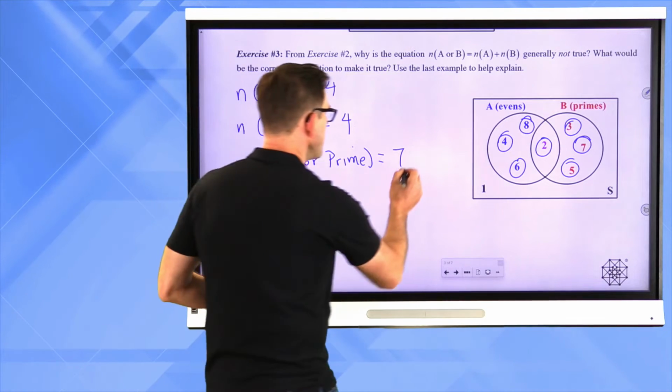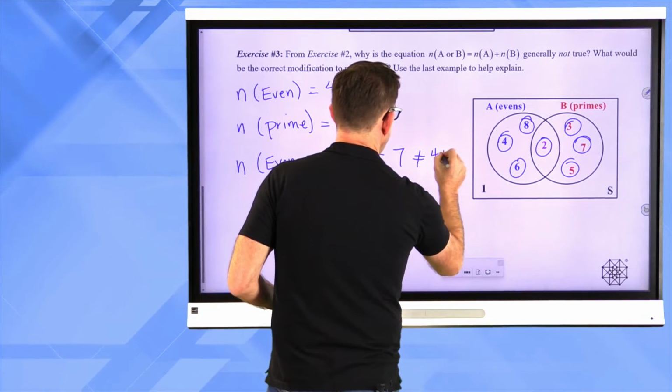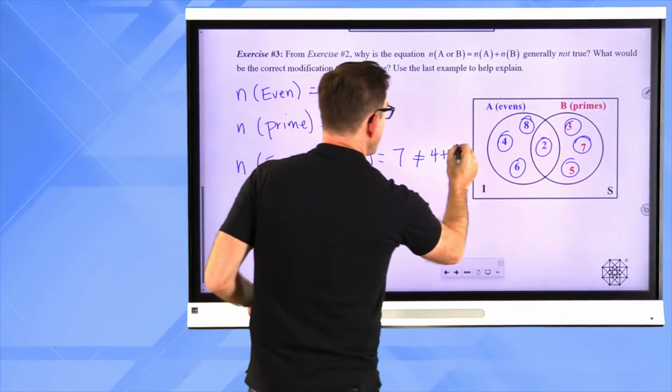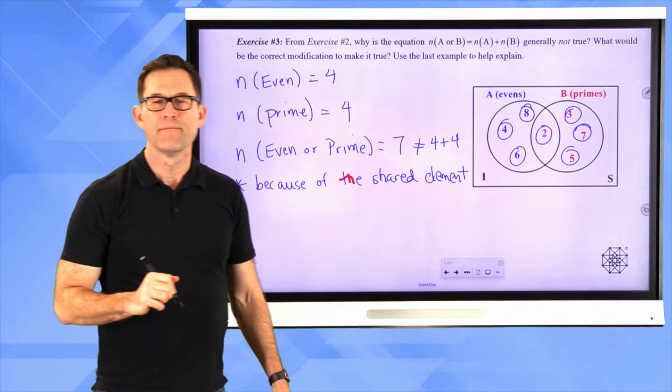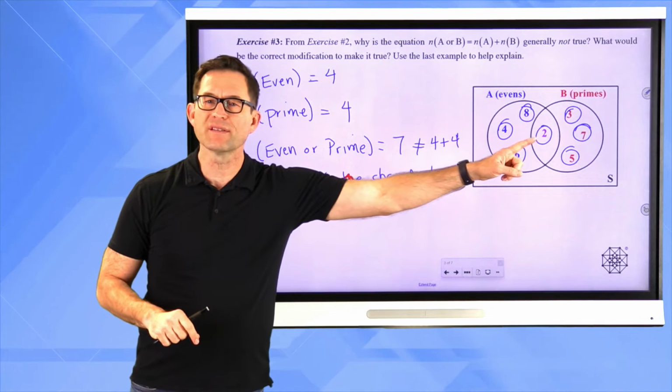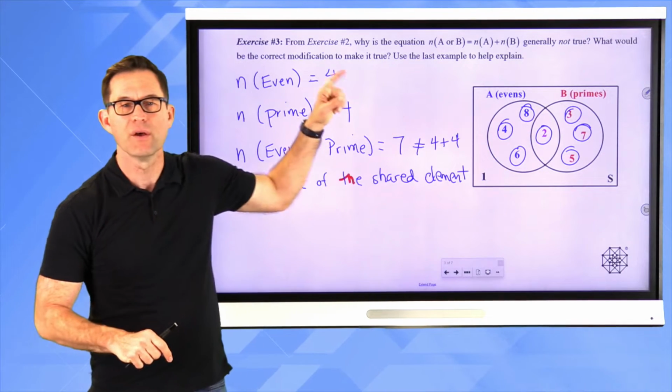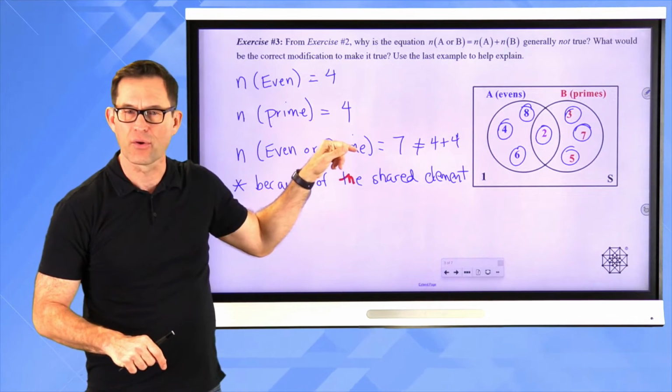And this, just to be very clear, doesn't equal 4 plus 4. And it's because of the shared element, right? It's because we count this element more than once when we add these two together, right?